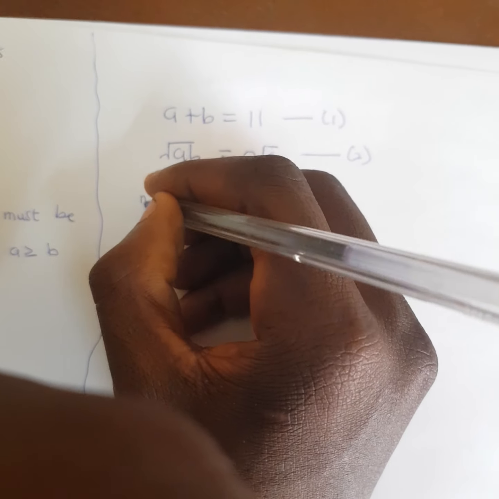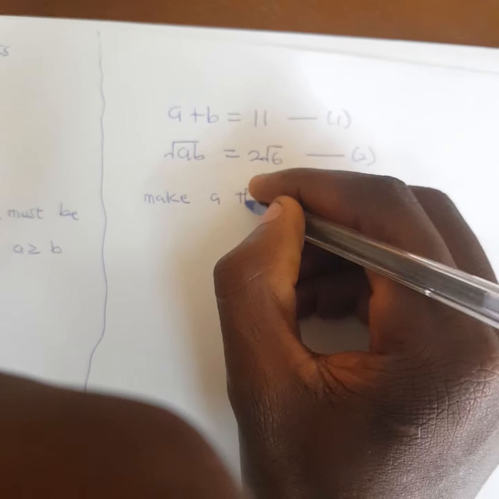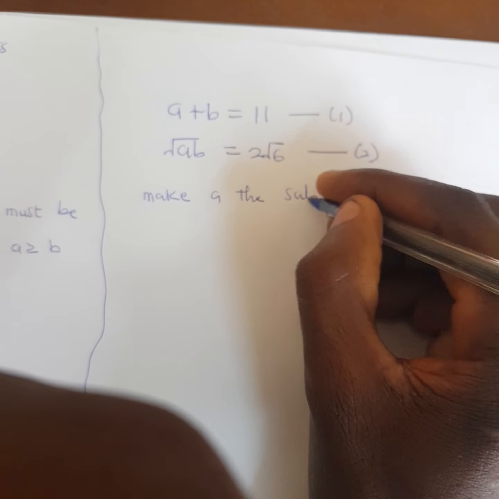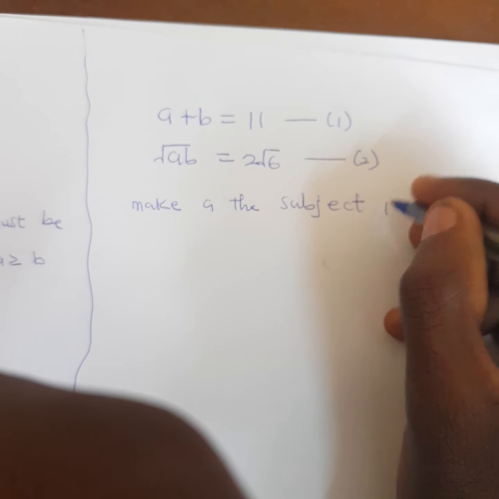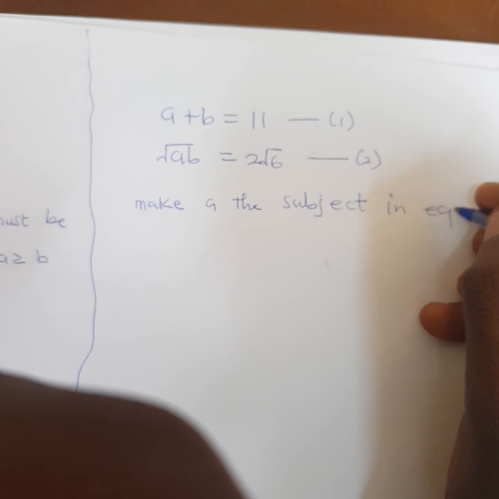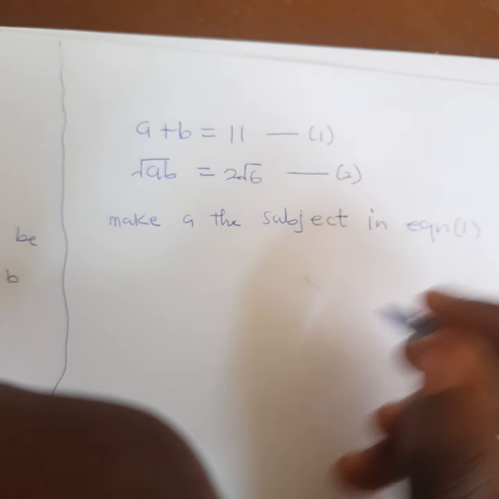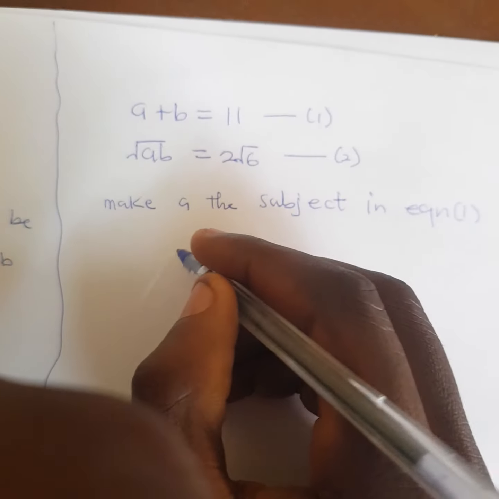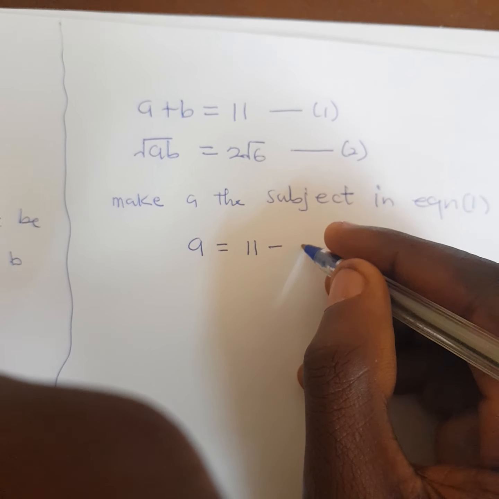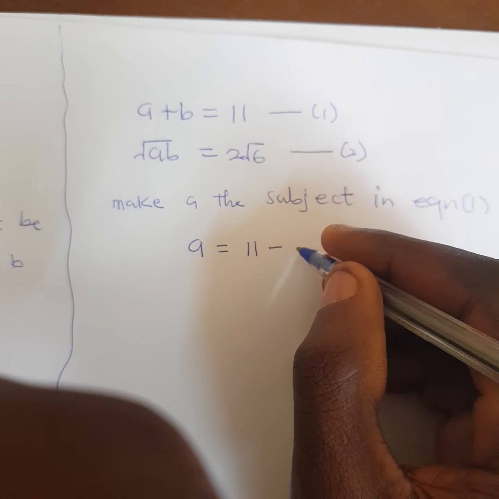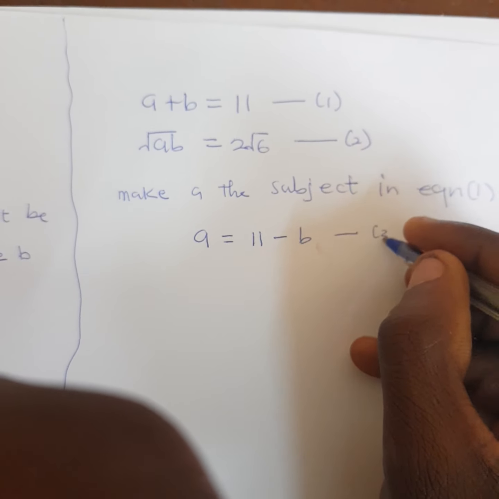To me, I'll make a the subject in equation 1. So a is equal to 11 minus b. Let's name it equation 3.